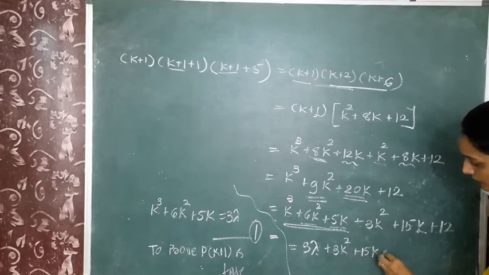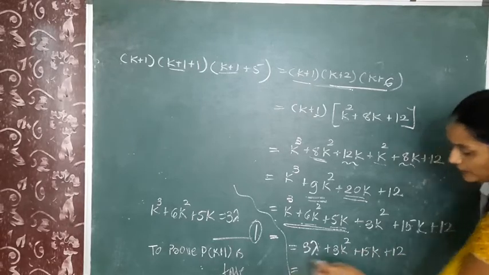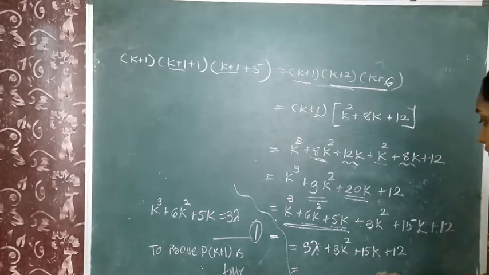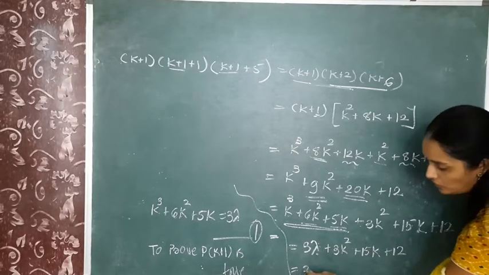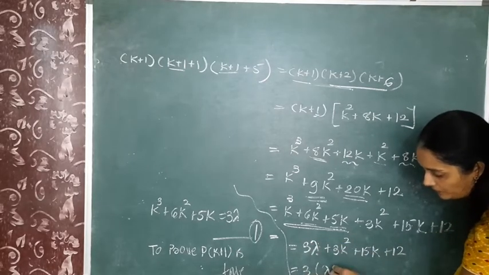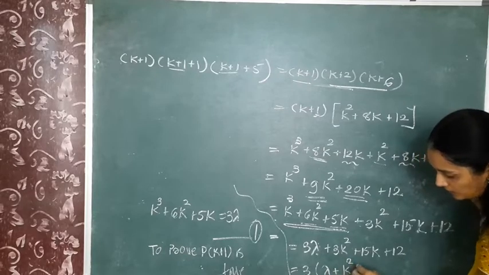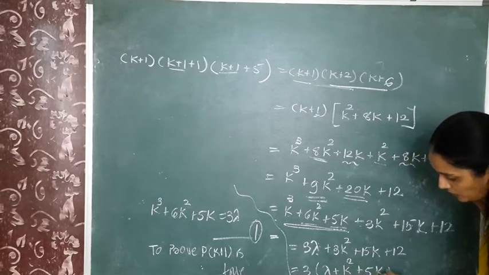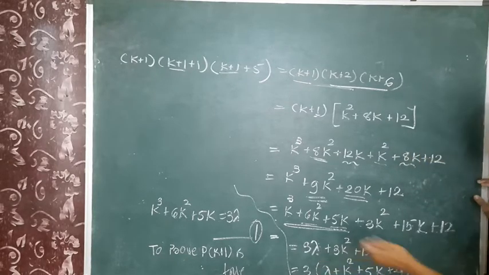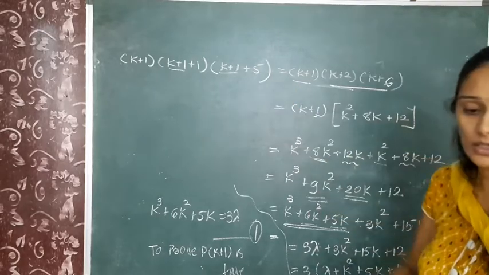Plus 15k plus 12. And now you can see 3 is common from every term. So 3 is common. So in the bracket, lambda plus k square plus 5k plus 4. So 3 is one factor of this term.